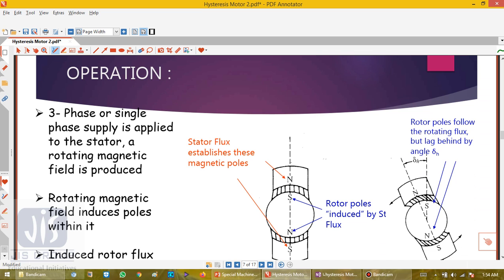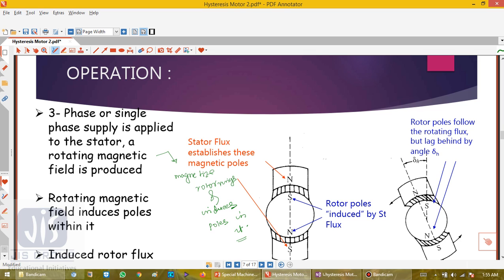When a three-phase or single-phase supply is applied to the stator, a rotating magnetic field is produced, and this rotating magnetic field magnetizes the rotor rings and induces magnetic poles within it.